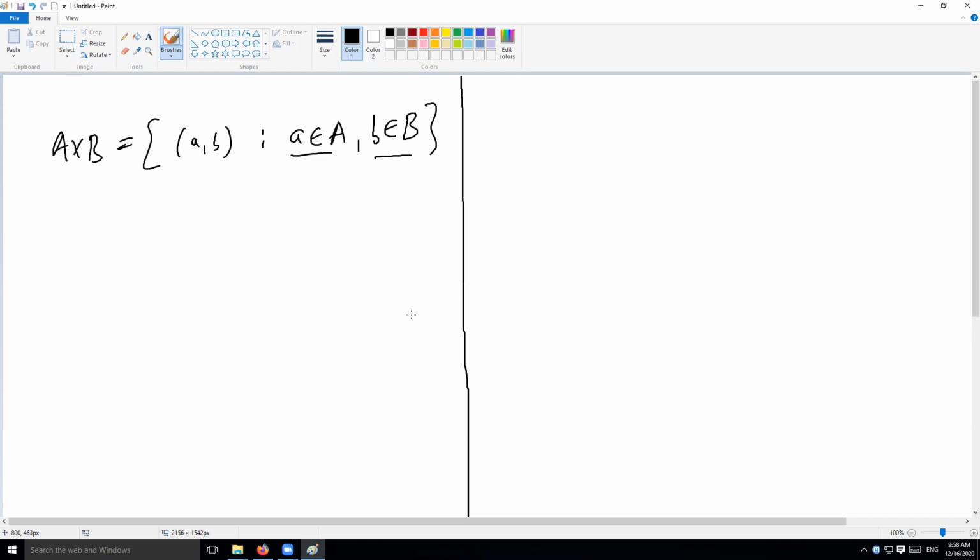All right. In our last discussion, I also gave you the picture of what this cross product means pictorially.